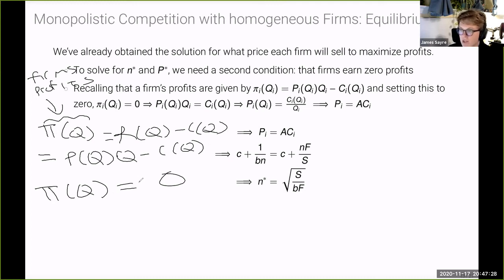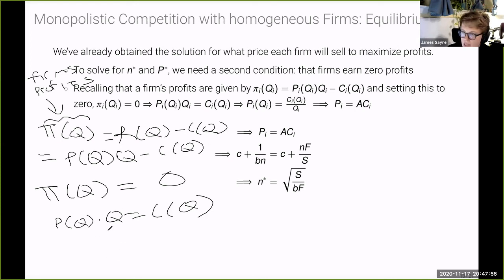So if a firm's profits are equal to zero, then, noticing that profits are equal to P(Q) times Q minus C(Q), it's the same as saying that P(Q) times Q has to be equal to C(Q).